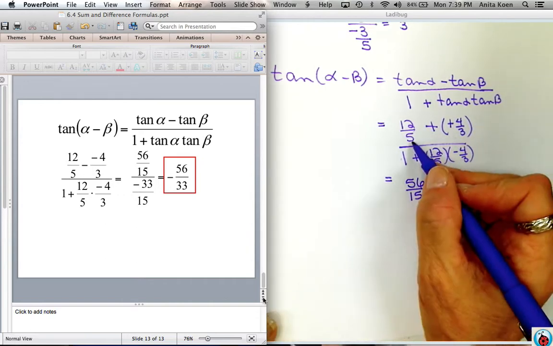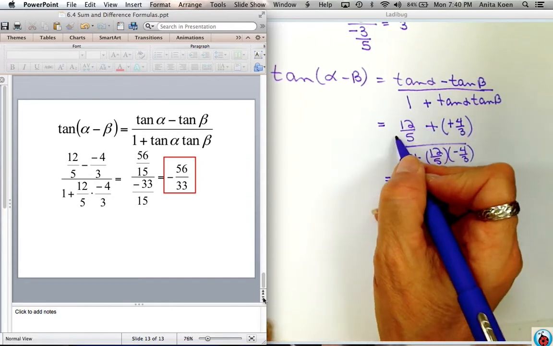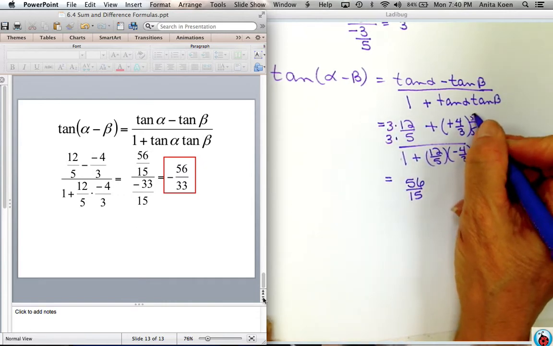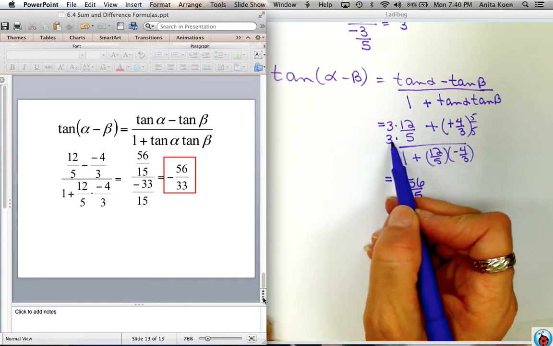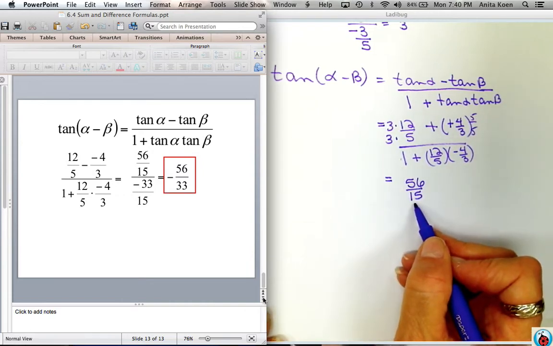I'm sorry, I said fifths. 12/5 is the same thing because we're going to multiply here by 3 and 3 and multiply here by 5 and 5. So this is going to be 36/15 plus 20/15, which is 56/15.